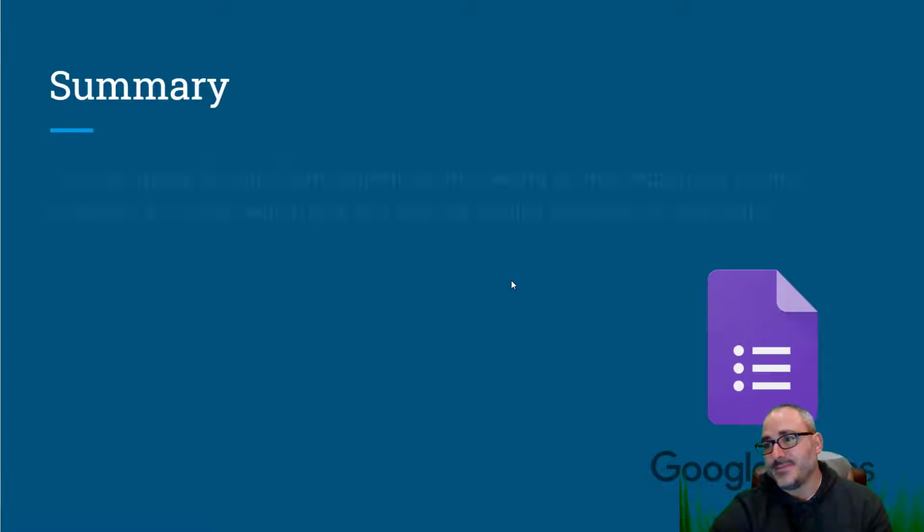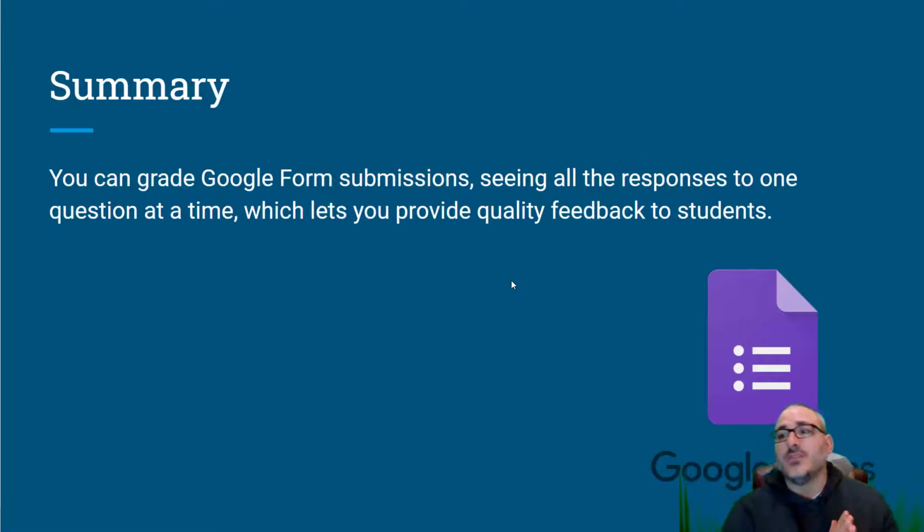All right, so you can grade Google Form submissions, and one of the great things I love about it is you can see all the responses to one question at a time, which allows you to provide quality feedback to students. Normally if you were grading papers, you'd have maybe 30 or 100 worksheets in front of you, and you're going through each question for each individual student one at a time.